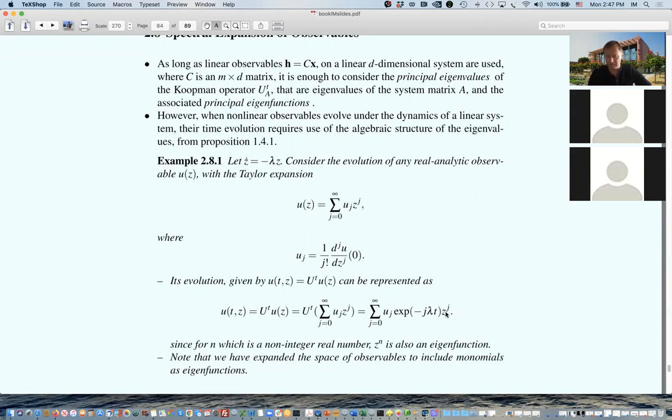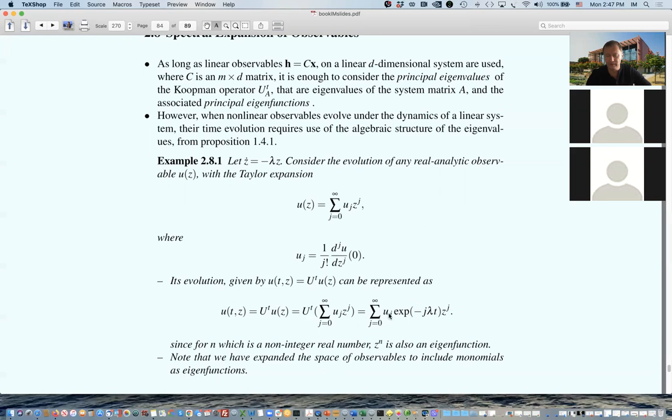So that multiplies z^j. And that's interesting because pretty much immediately you can see that over a long time, the value of this observable at any z is just going to be the constant term that is obtained for j equal to 0. For j equal to 0, this is 1, and that's 1.